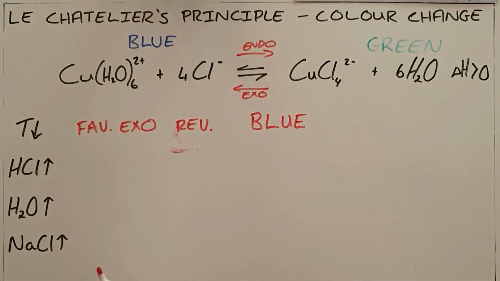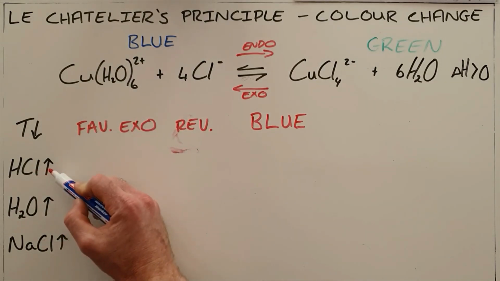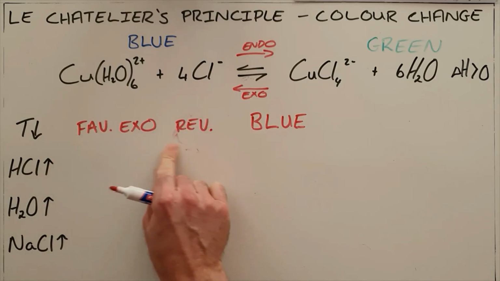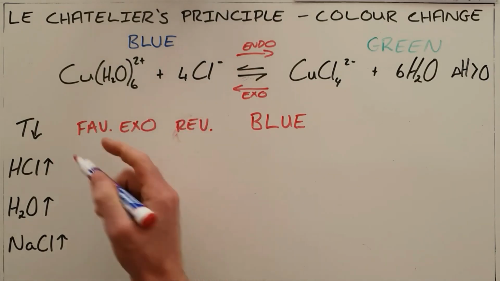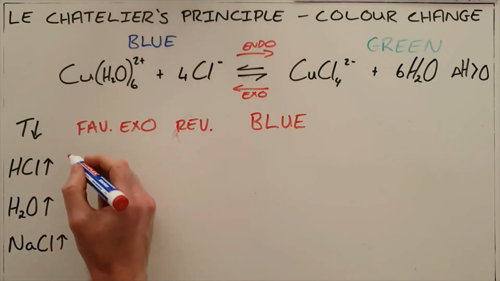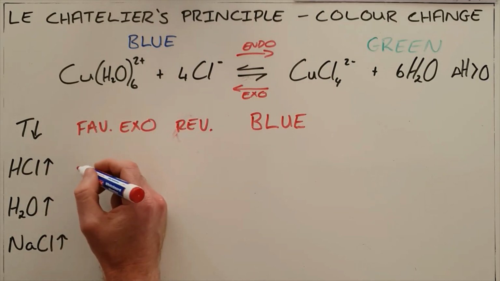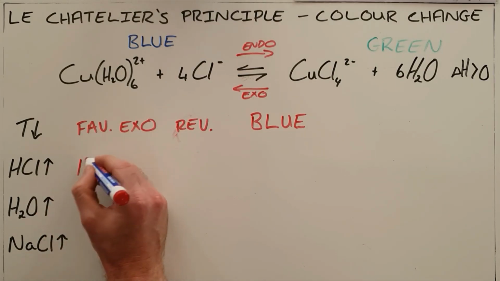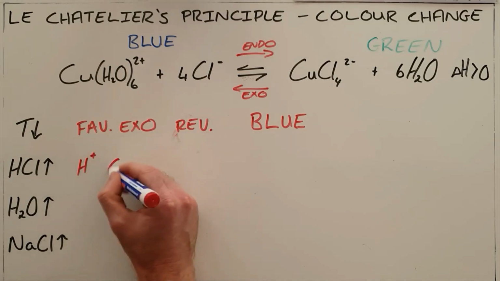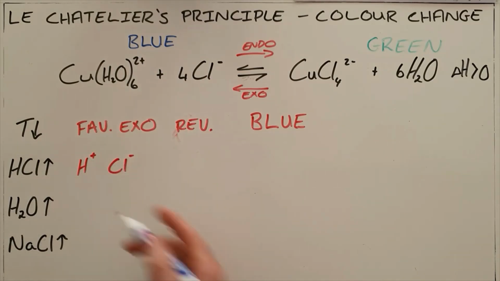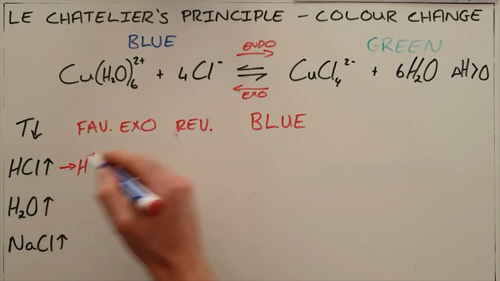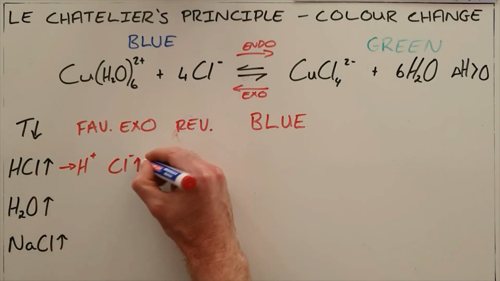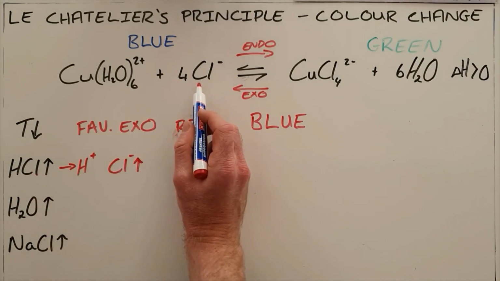The next change asks what would happen if hydrochloric acid, HCl, were added to this mixture. What we need to remember is that ionic compounds ionize in water, which means that this would break apart into hydrogen ions and chloride ions. So by adding HCl, we are increasing the concentration of chloride.